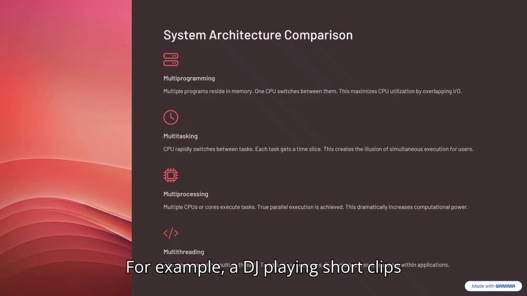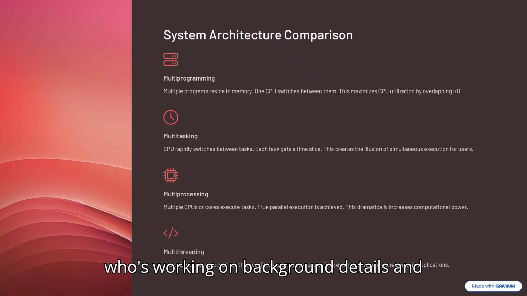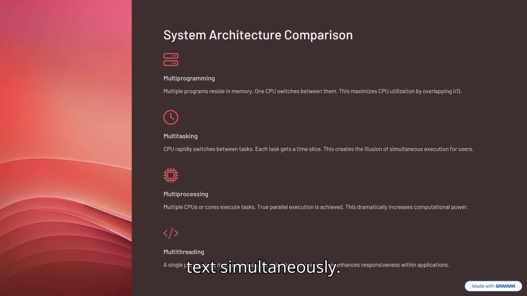For example, a DJ playing short clips from multiple songs one after the other. Multiprocessing. Multiple CPUs work in parallel. For example, multiple workers typing different reports at the same time. Multithreading. One program with many threads working on different subtasks. For example, a painter who's working on background details and text simultaneously.